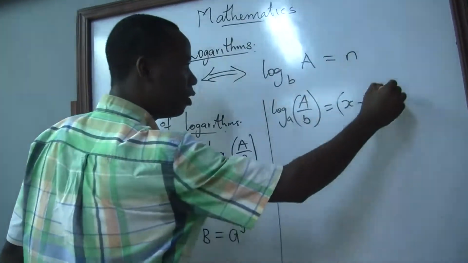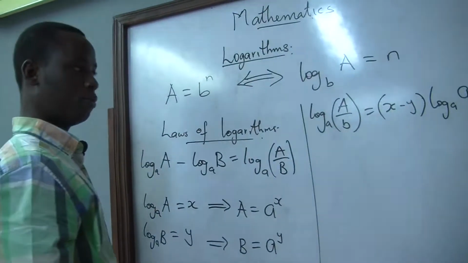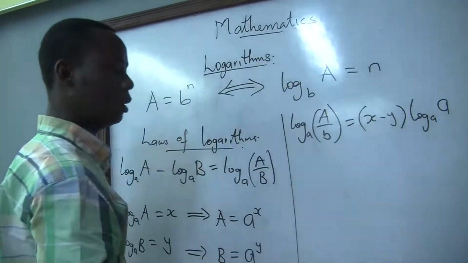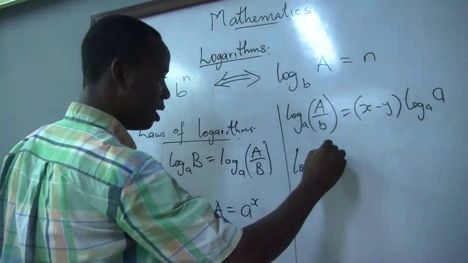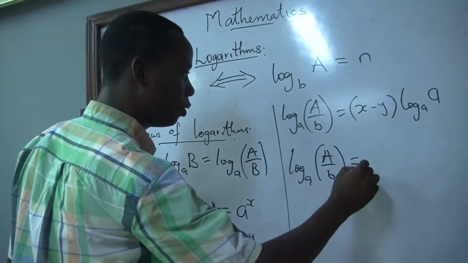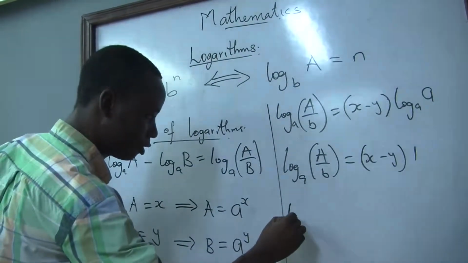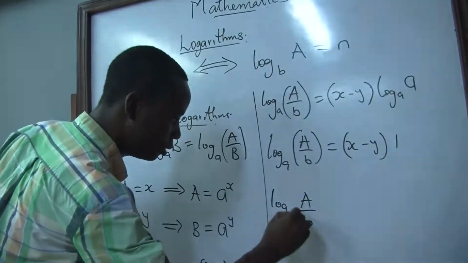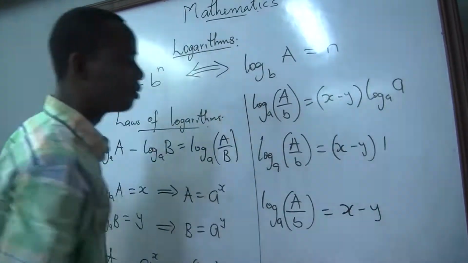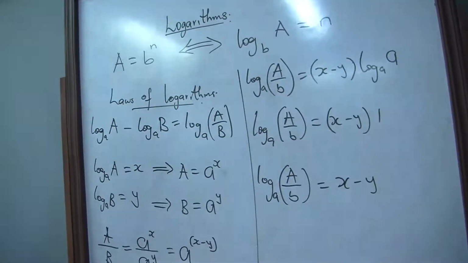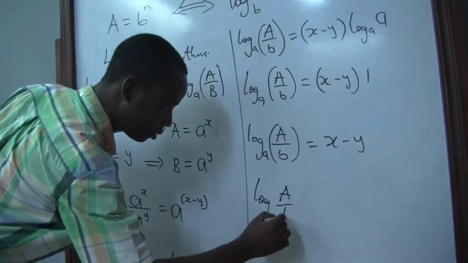into a bracket, log A in base A. Like what we just proved now, we have log A in base A equals 1. So we have log of A all over B equals X minus Y multiplied by 1, which is log of A all over B in base A equals X minus Y. And do not forget, our X and our Y equal something.